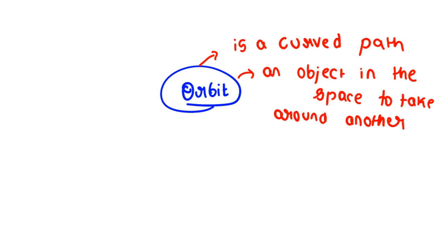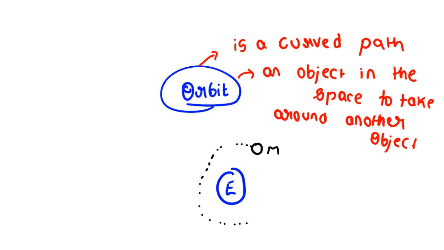If you take this as the earth, and the black one as the moon, and the moon travels in the dotted imaginary line, it is called the orbit.